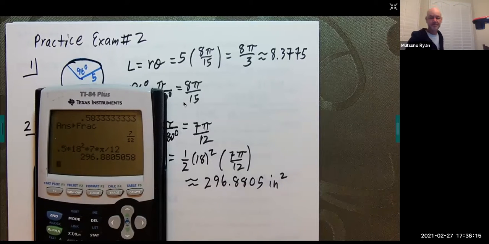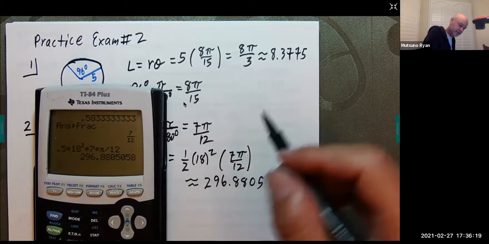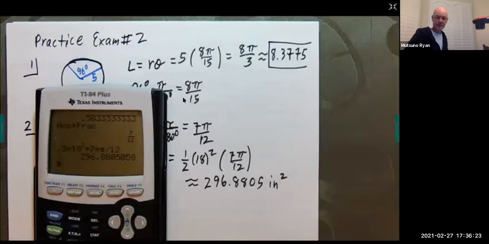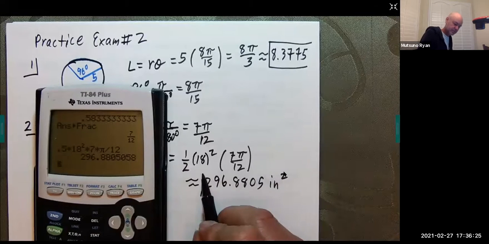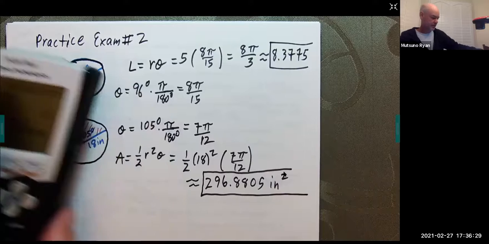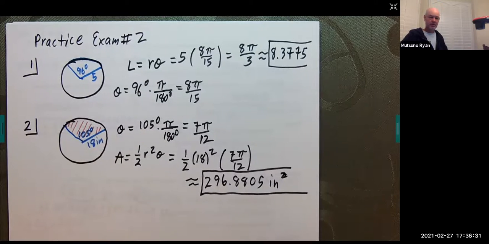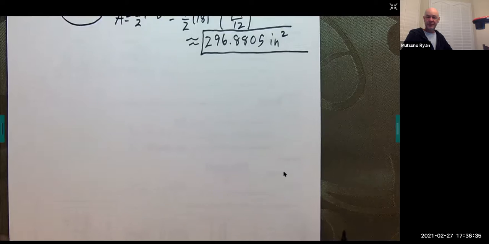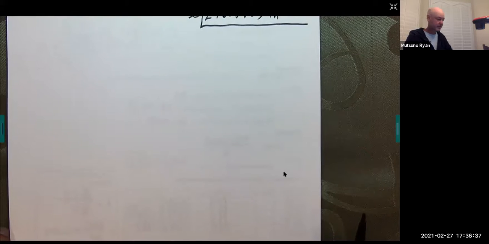It's an area. And I should be boxing these final answers. You, of course, during this video should be verifying all of these numbers. Don't just take my word for it.